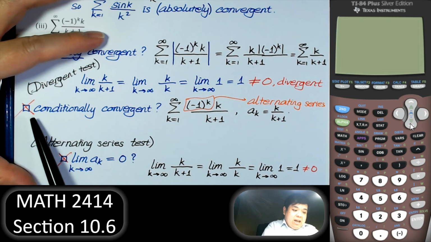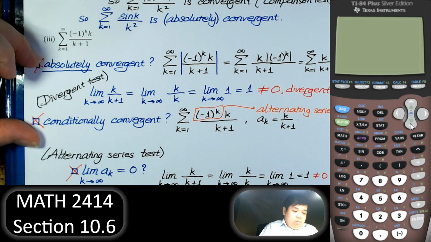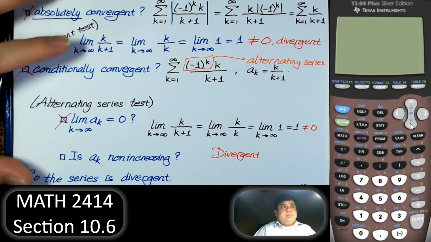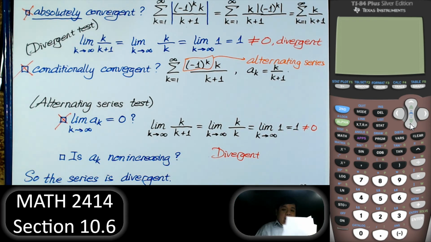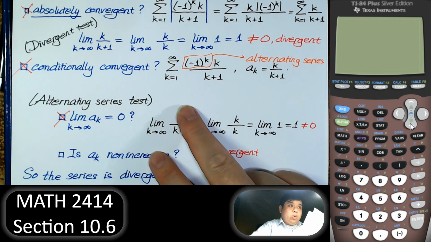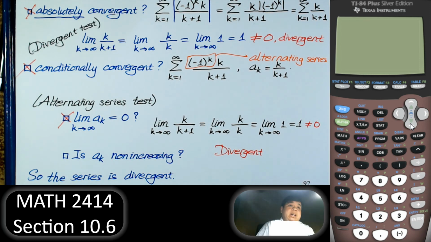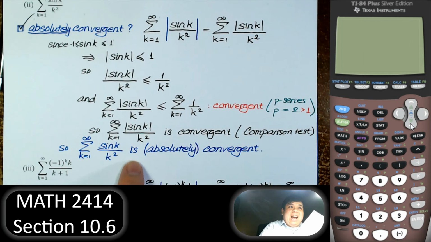If so, it is conditionally convergent. If both of them fail, then we say the series is divergent. So in this section, we learned about the alternating series test, which consists of checking those two things. At the beginning of the section, I did say that we have 1.5 tests for convergence. This is a half of it.